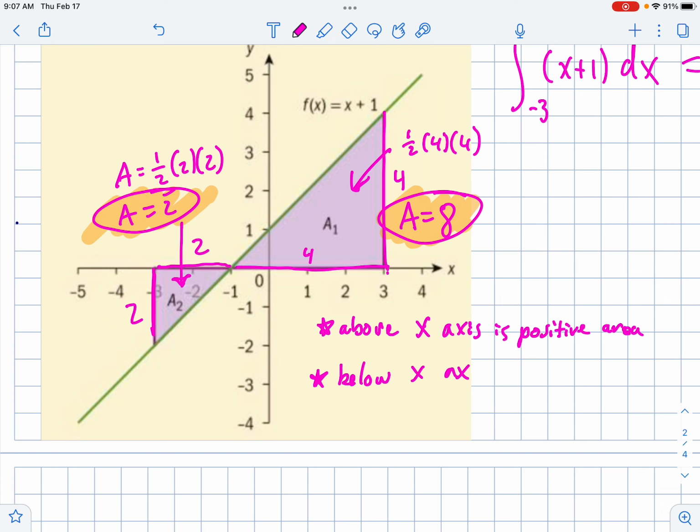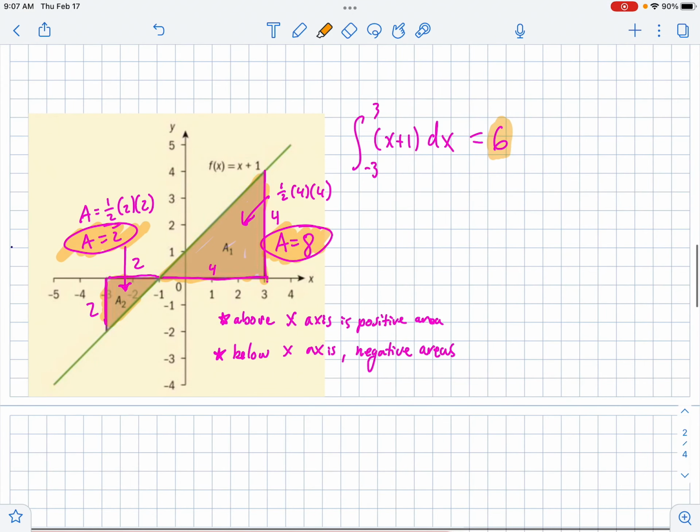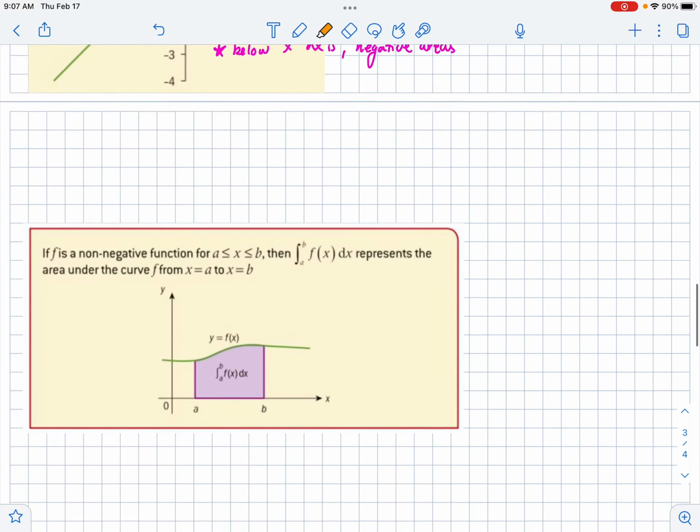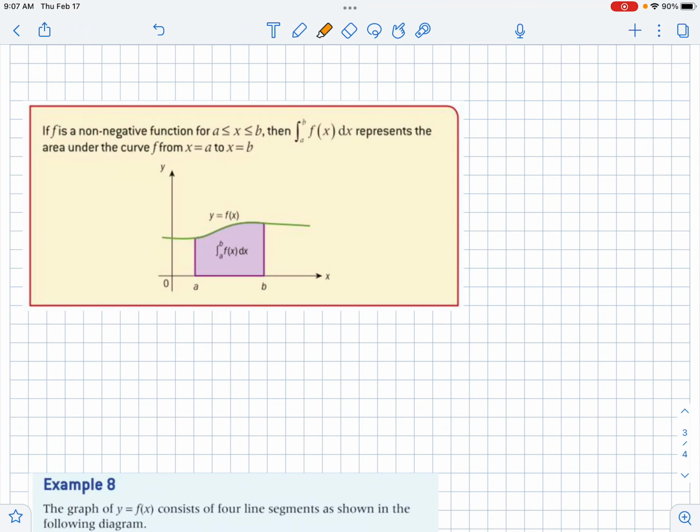Below the x-axis, negative areas. I realize that's weird to think, you can't have a negative area, but in terms of calculus, you can. So this part here would be a -2 area, and this part would be a +8. So when you integrate the whole thing, you get 6.